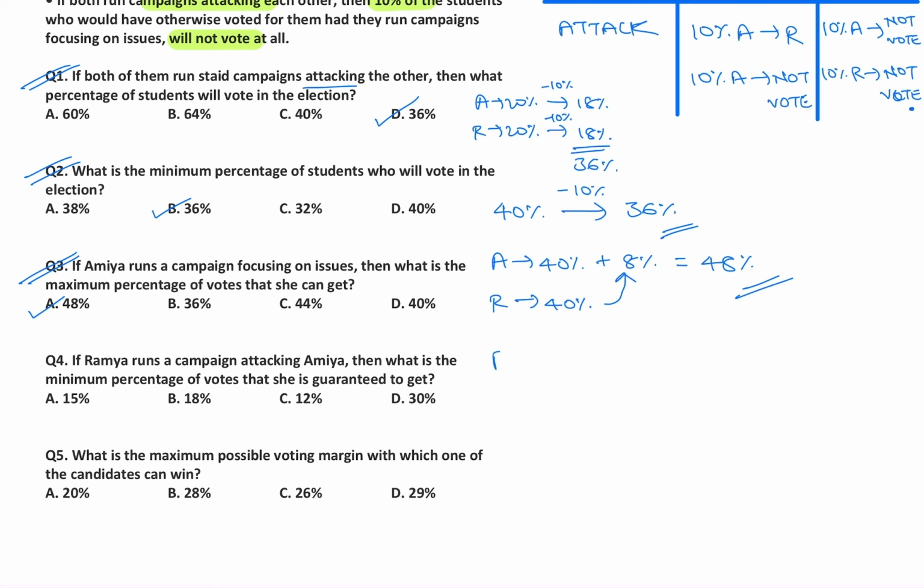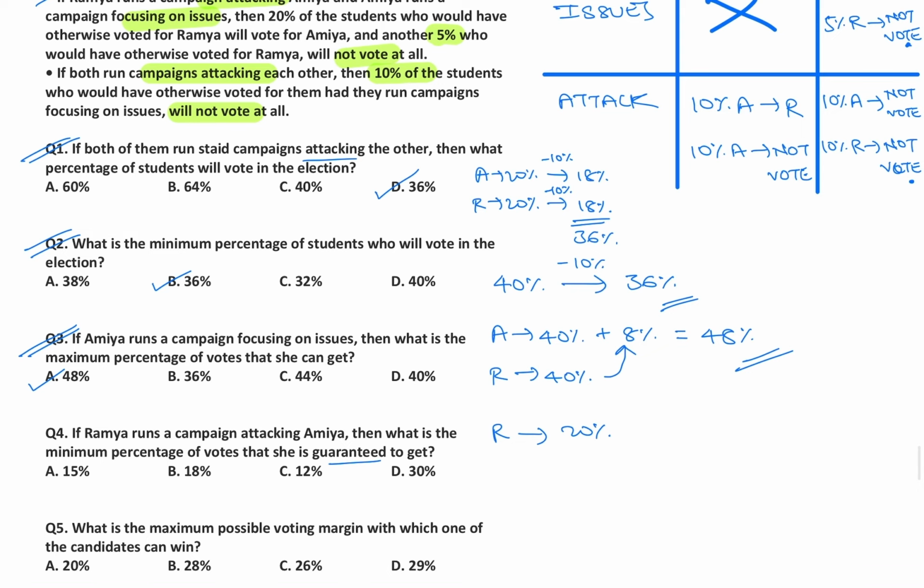So Ramya's votes, I'll take it as 20%. Now, how can I minimize this further? Okay, so as to find a case where she'll get the minimum votes, like she can't go lower than that. So with that, I can get minimum percentage of votes that is guaranteed she'll get.